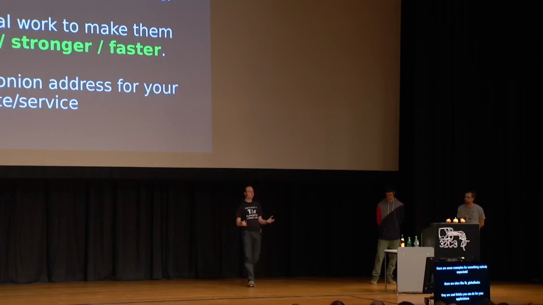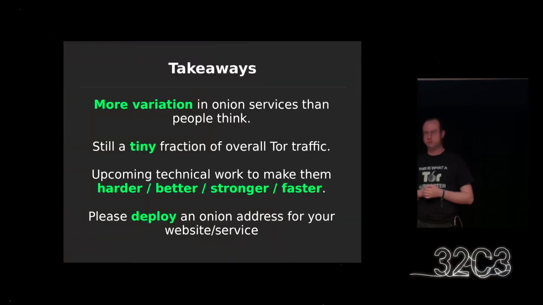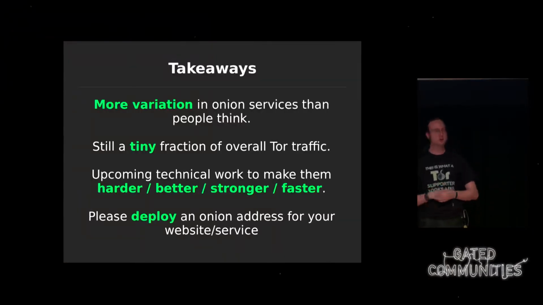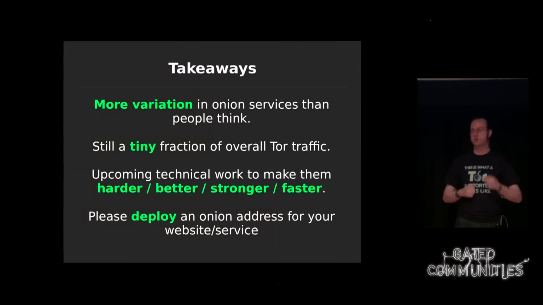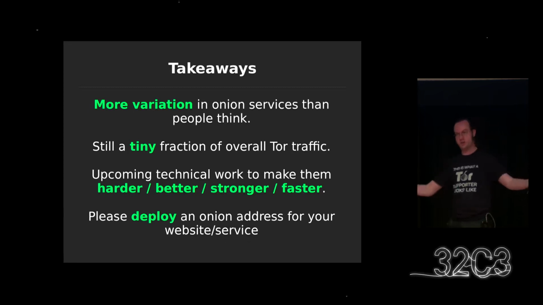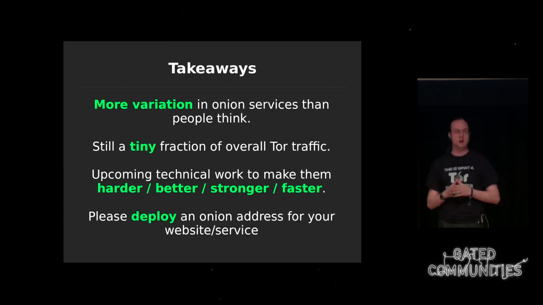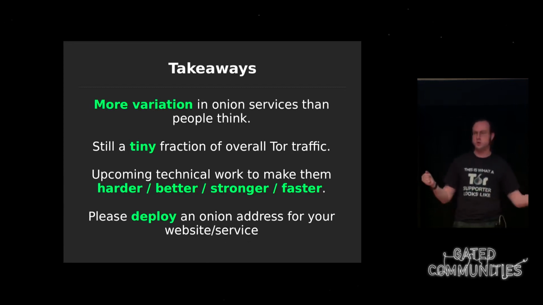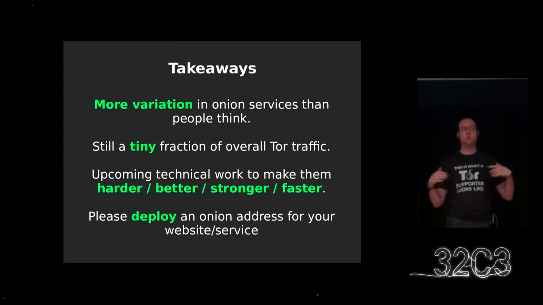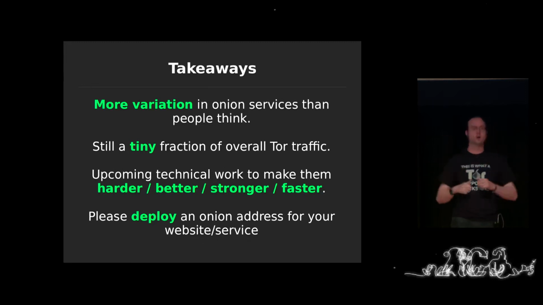So another key point, this is still a tiny fraction of the overall Tor network. We have millions of people using Tor every day, and something like 5% of the traffic through the Tor network is hidden service or onion service related. It was 3% last year. It's 5% now. It's going up. Sounds good, but it's still a tiny fraction. And maybe that's good, because when you're using an onion service right now, you put double load on the Tor network, because both sides add their own circuit.